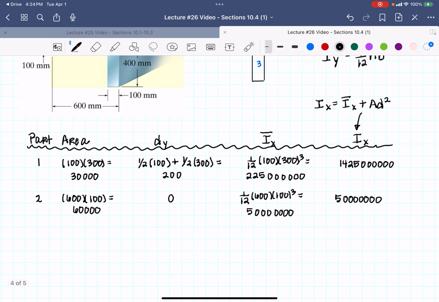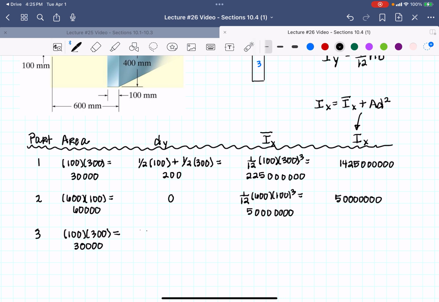Last part, number 3, and it's 100 by 300. It is the same as part number 1, so I'm just going to duplicate what is there for part number 1 because it's exactly the same.